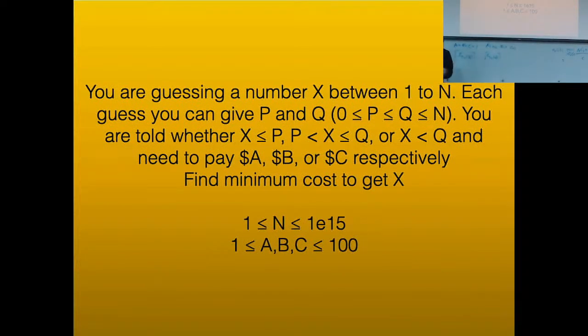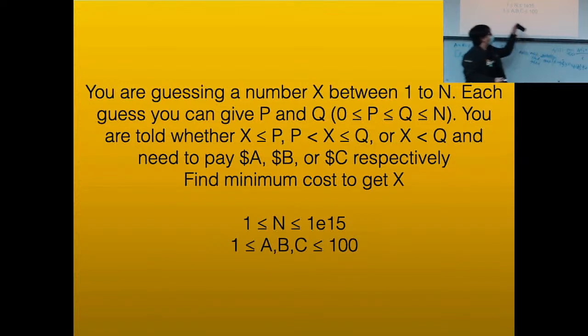But if n is small, then you can do standard DP where dp[i] is just the minimum cost of computing i, and then you do something like this: a plus dp[i], the maximum of a plus dp[j], b plus dp[k minus j], and c plus dp[i].